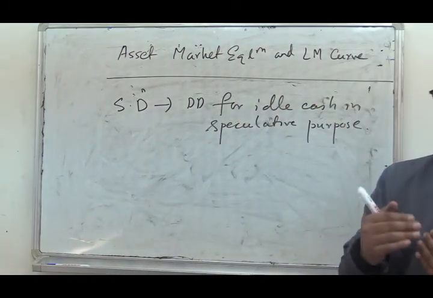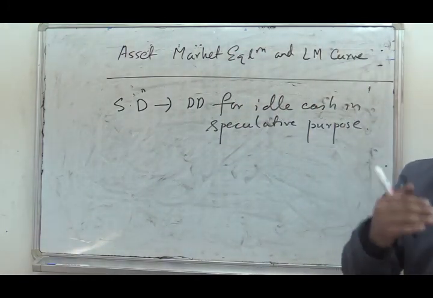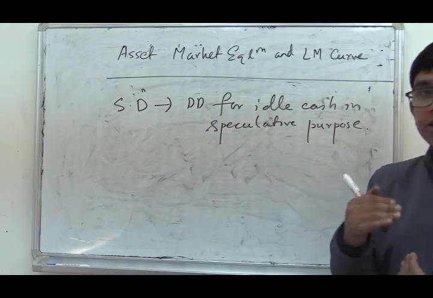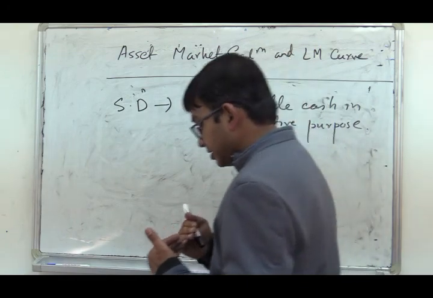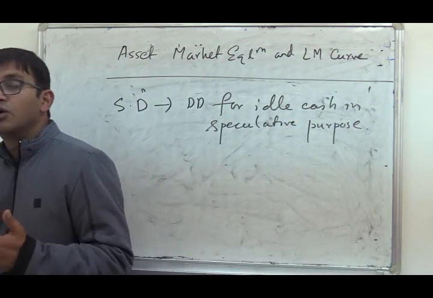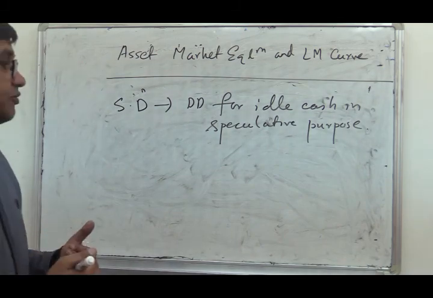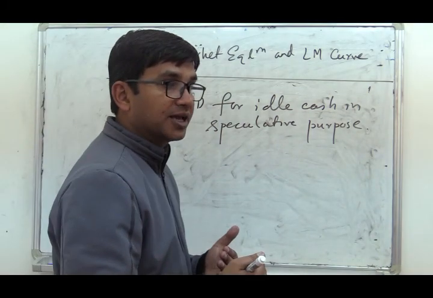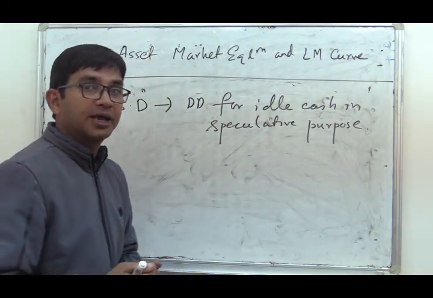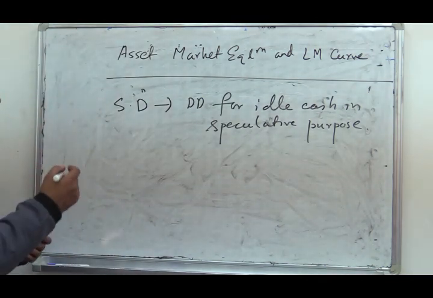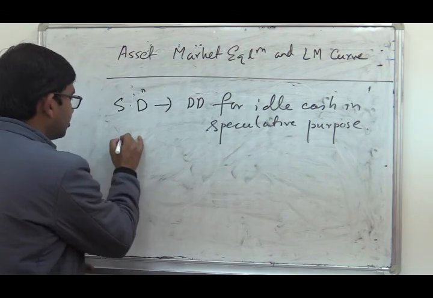So this is one gain, which classical economists also considered. But another gain which was introduced by Professor Keynes is the capital gain from bonds. If you purchase the bonds at a low price and sell the same bonds at a high price, you can make some gain.